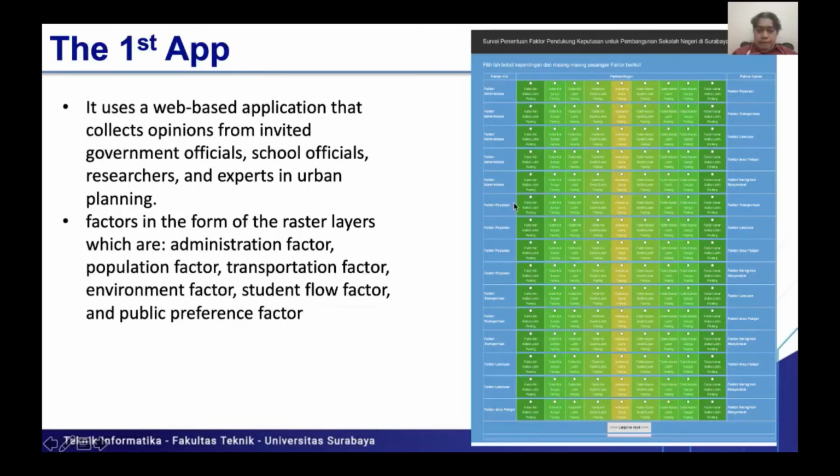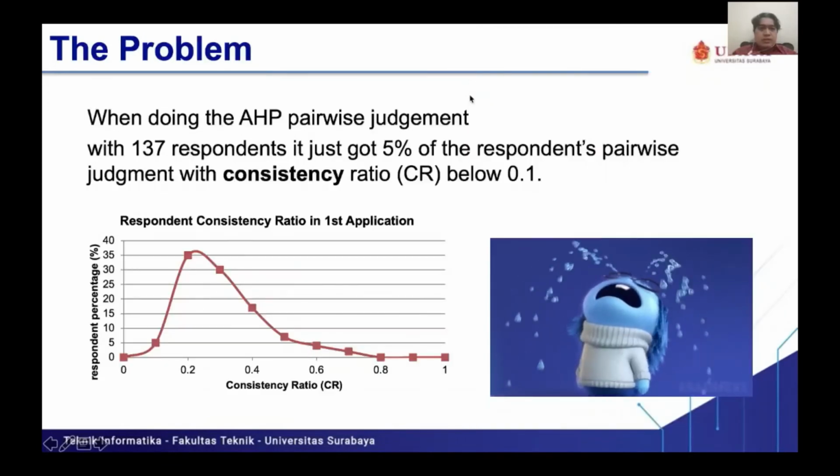But the first application got not so good a result. This is the problem of this paper. When doing AHP pairwise judgment with 137 respondents, it got just 5% of respondents' pairwise judgments with a consistency ratio below 0.1.